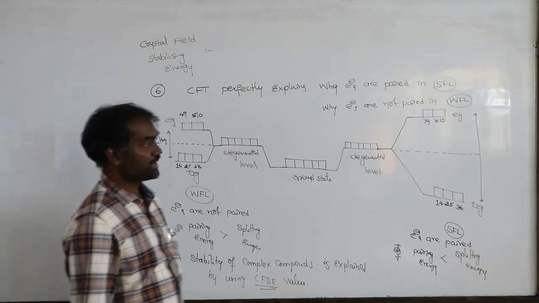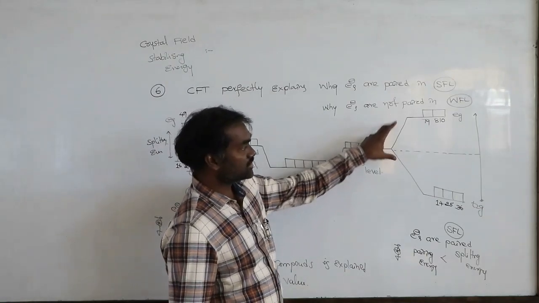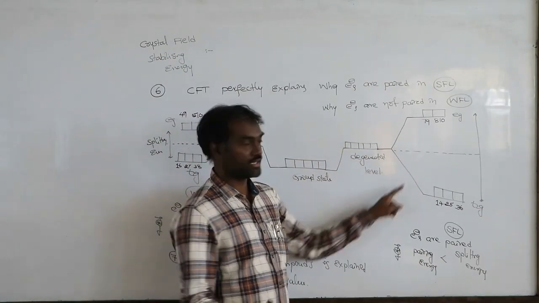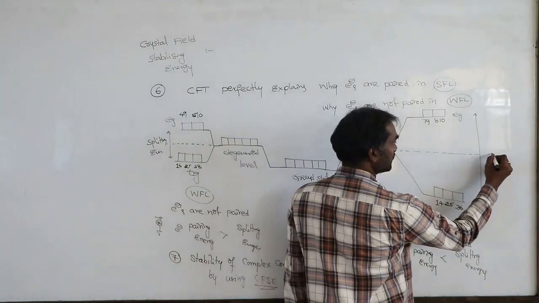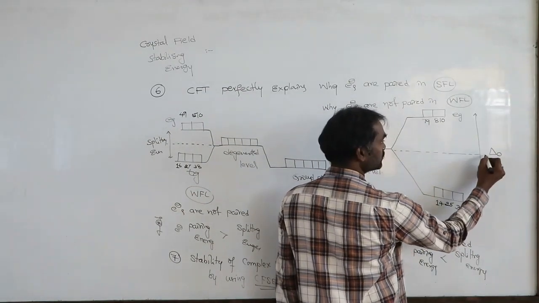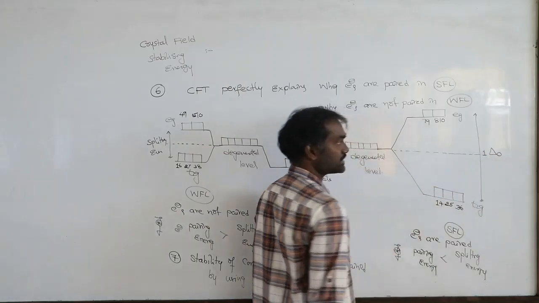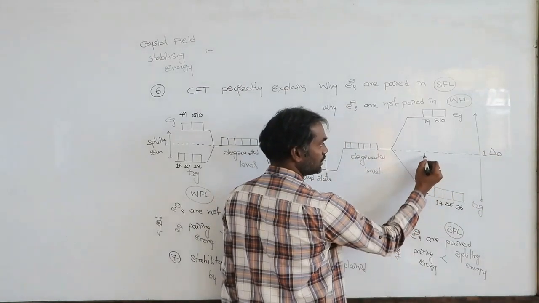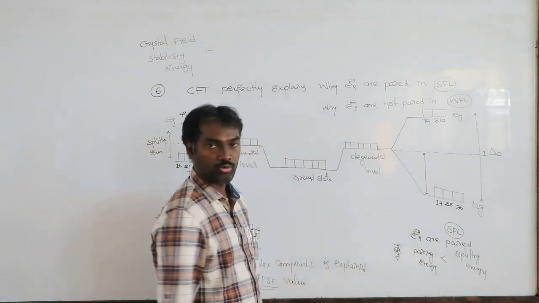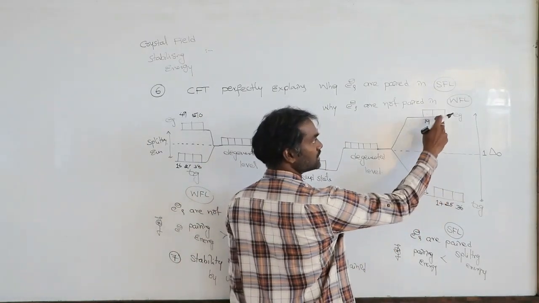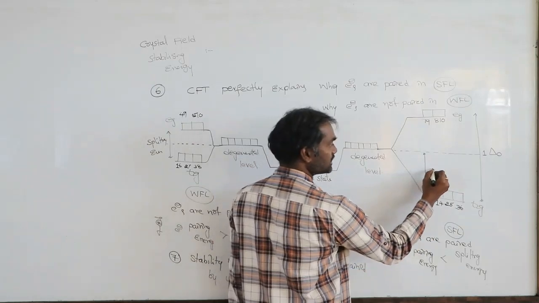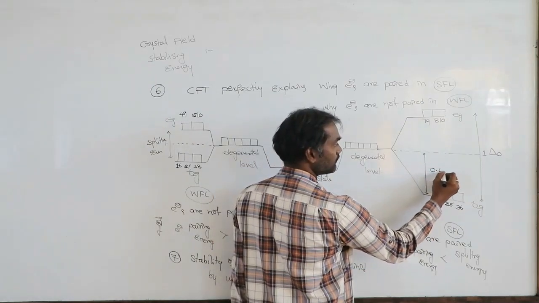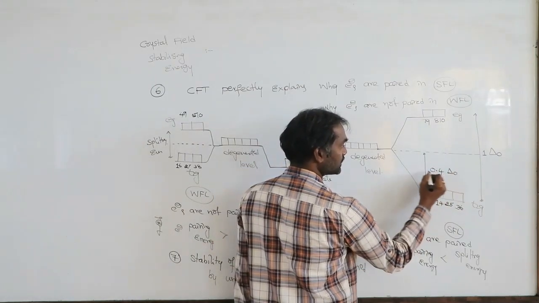So in what way is it split? Splitting you take as one unit, suppose octahedral, delta 0. One unit you can feel, so these are moving down. How much are they moving down? Here 6 electrons, here 4 electrons. How to balance this? This is multiplied with 4 delta 0.